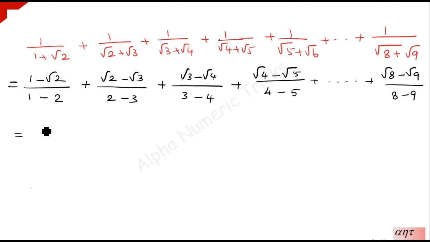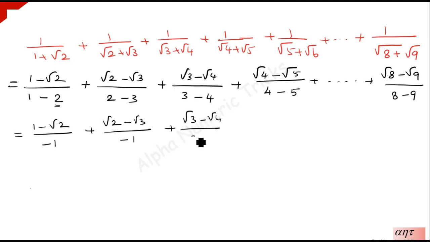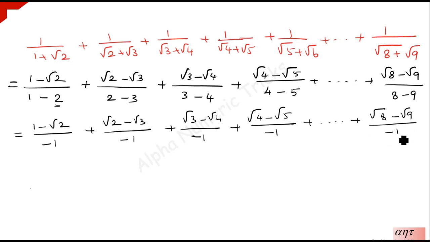Okay, so this is equal to 1 minus square root of 2 divided by 1 minus 2, which is minus 1, because the largest number here is 2, so you put the sign of the largest number, minus 1, plus square root of 2 minus square root of 3 divided by 2 minus 3, which is minus 1, plus square root of 3 minus square root of 4 divided by 3 minus 4, which is minus 1, and again square root of 4 minus square root of 5 divided by minus 1, plus etc., square root of 8 minus square root of 9 divided by minus 1.